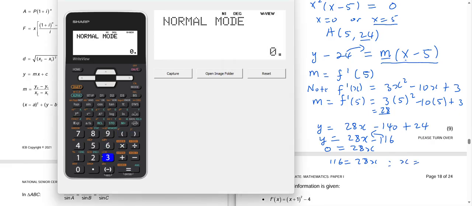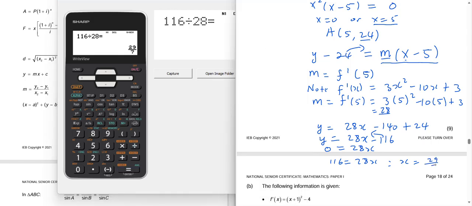It is 116 divided by 28, which is 29 over 7. So the coordinate of H is going to be, the x value is 29 over 7 and the y value is 0. Then you are done.